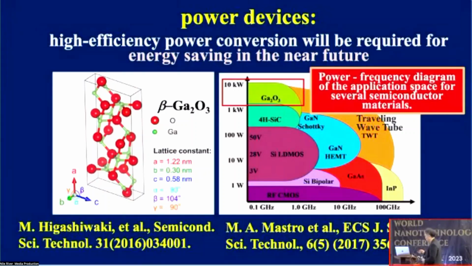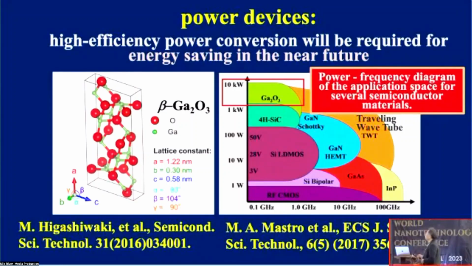This slide shows power devices in more detail. High efficiency power conversion will be required for energy saving in the near future. The left-hand side figure shows a crystal structure of beta-type gallium oxide presented by Dr. Higashiwaki in Japan.